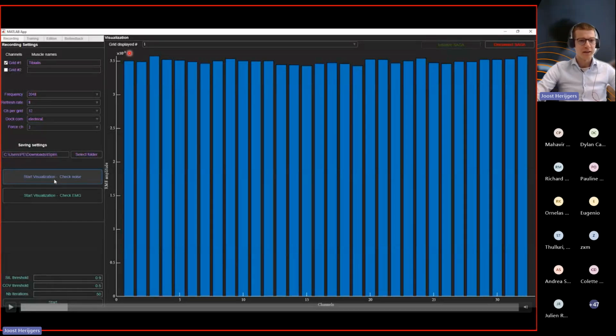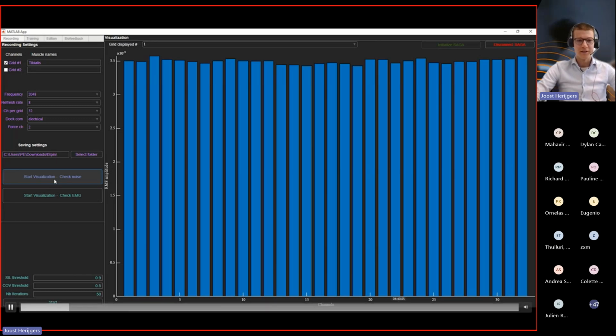The amplitude can be seen here in the top left of the window. In this case, we have an amplitude of 3.5 times 10 to the minus 3 millivolts, meaning that we only have a noise level of 3.5 microvolts, which is really good. If there are bad channels, you will mainly see that one or two bars really stand out from the rest, and then you know that you have to do something about this.